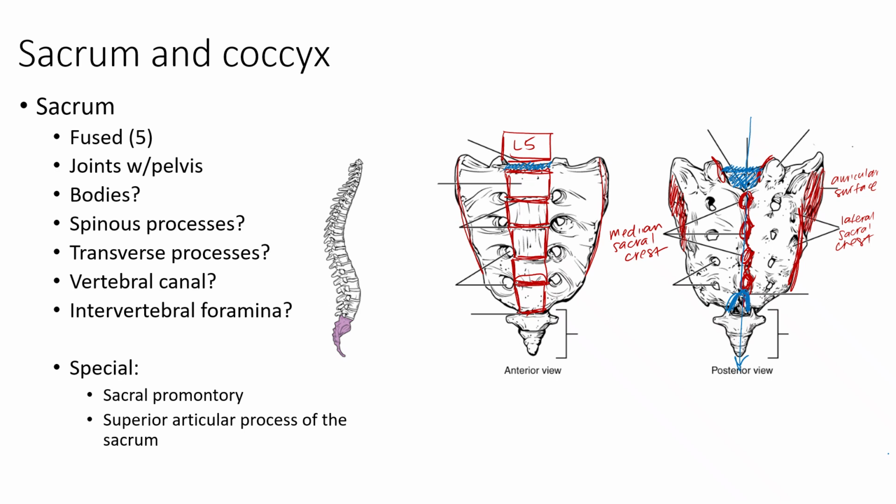This is where some of those nerves hanging off the bottom of your spinal cord, part of your cauda equina, are going to be coming through. This is analogous to your vertebral foramina, only it's fused bones, so it's one long canal. It's your sacral canal.